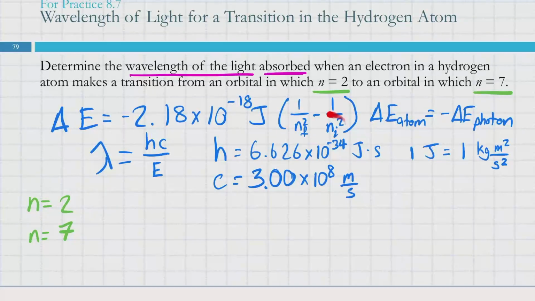Our nf and our ni. Which of these two is going to be our nf? 7 is going to be our nf, which means that our ni is going to be 2. The transition that we're making is from an orbital in which n equals 2. So from, meaning that that's where we're starting.